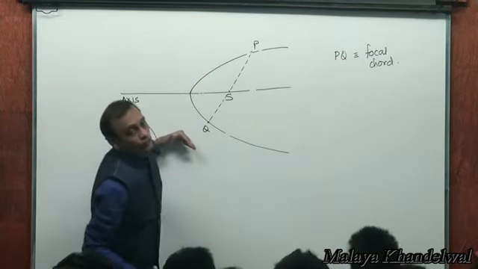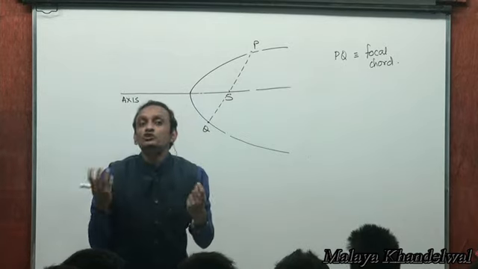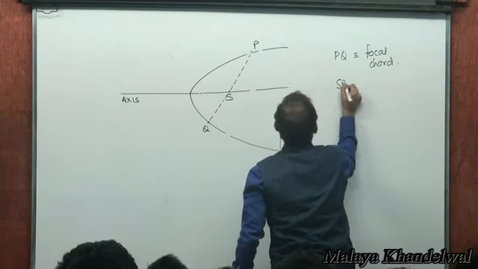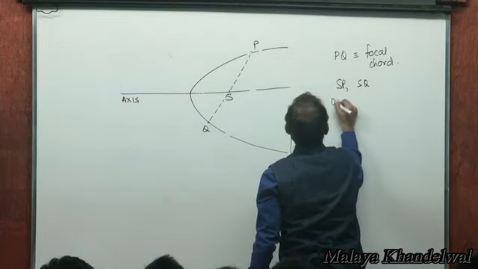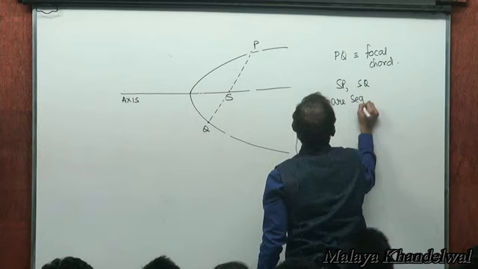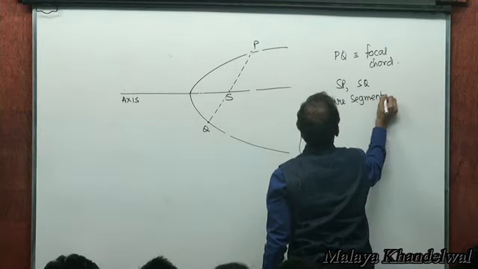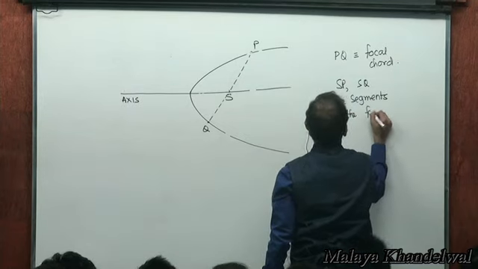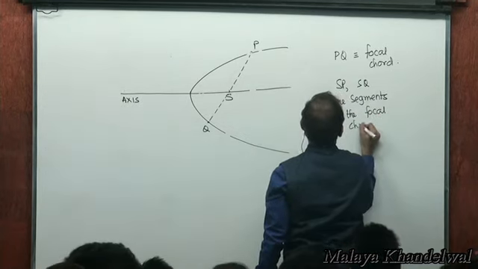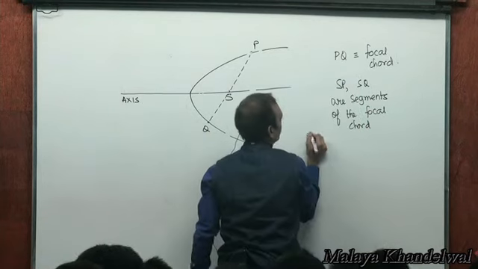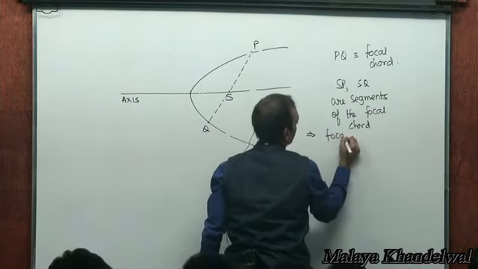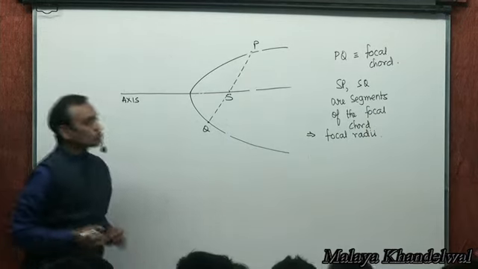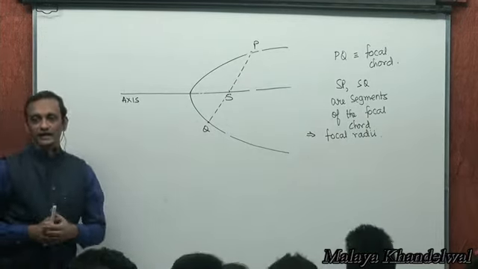SP and SQ are referred to as segments of the focal chord, also referred to as focal radii.